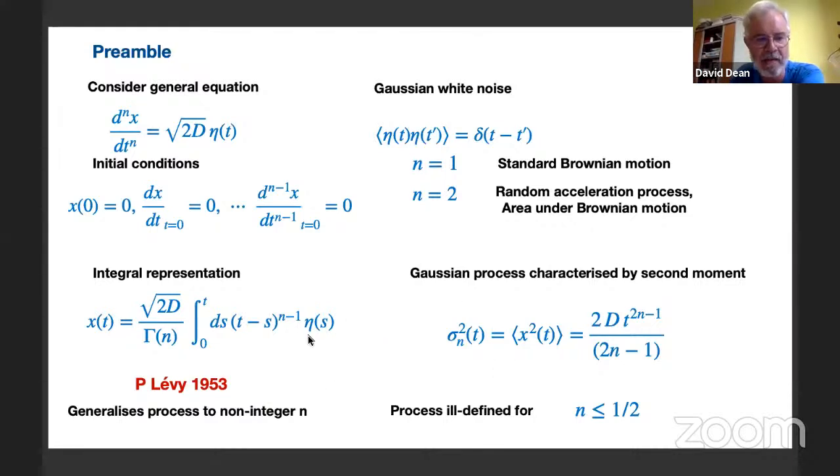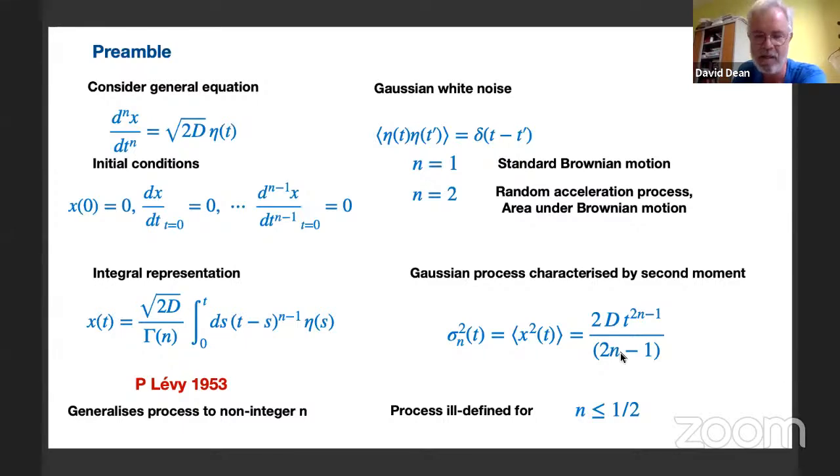If you take this representation and compute the variance, you find something strange happens. For n bigger than or equal to 2, everything seems okay, but when n is equal to a half, you run into a problem. You end up with a negative variance. So something strange is happening to this process, and it's ill-defined for n less than a half.